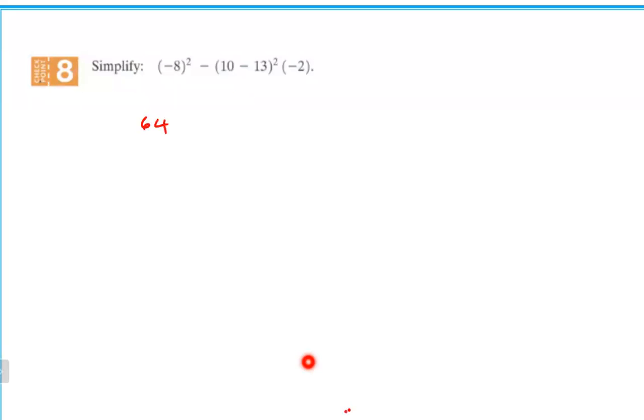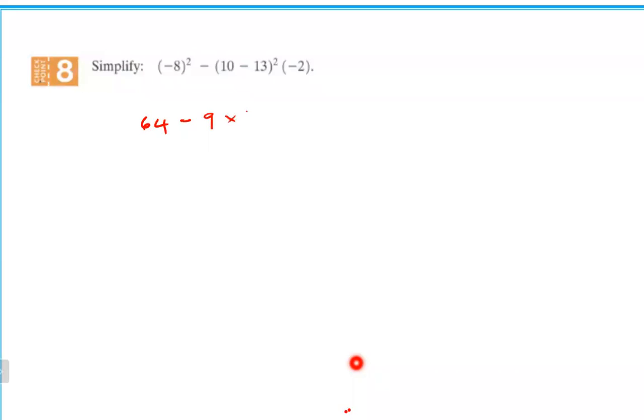Mm-hmm. Then I did the bracket with 10 minus 13 squared, and I got 9 for that. And then it says multiplied by 2 minus 2, negative 2.